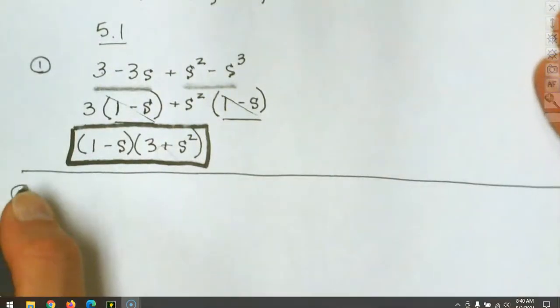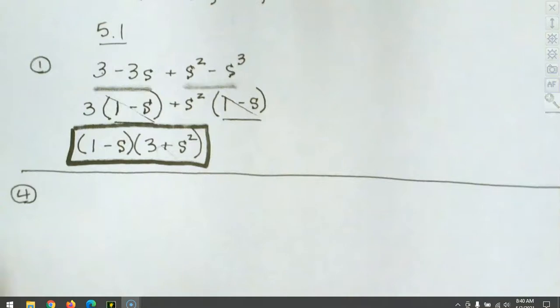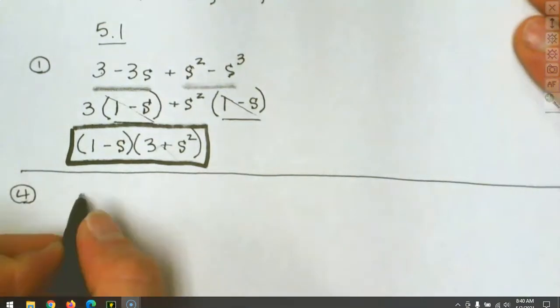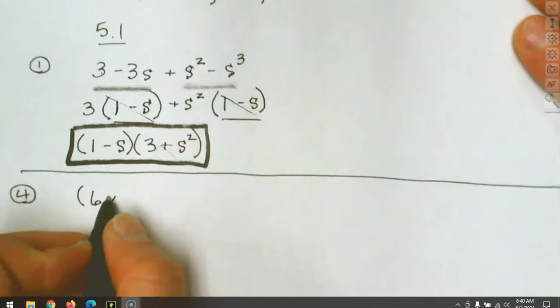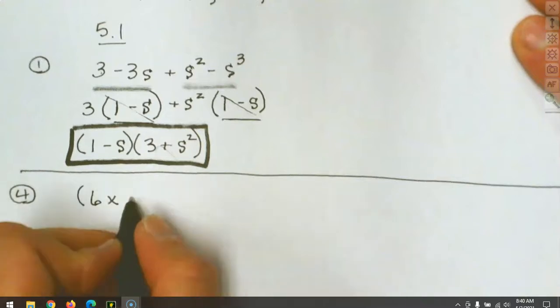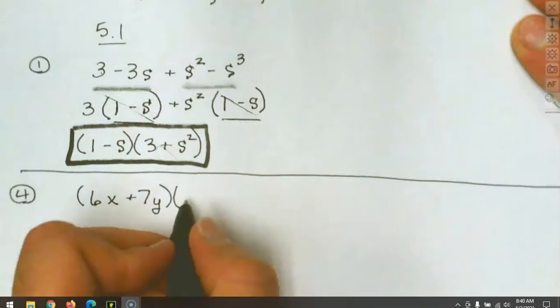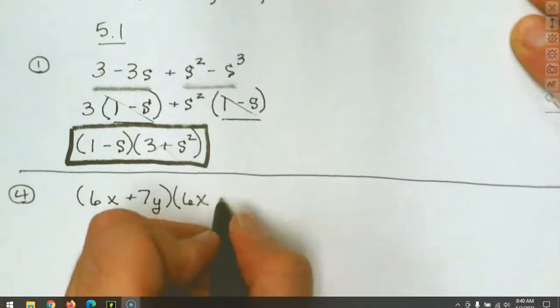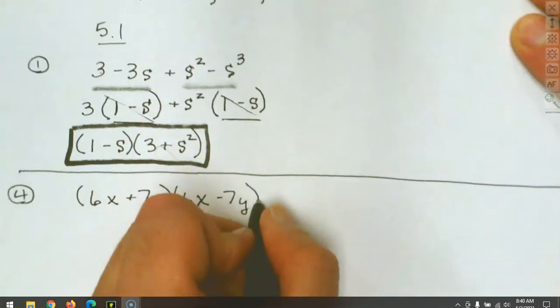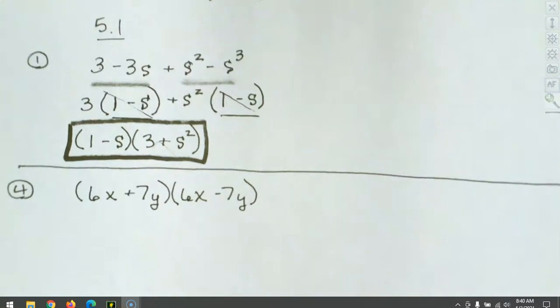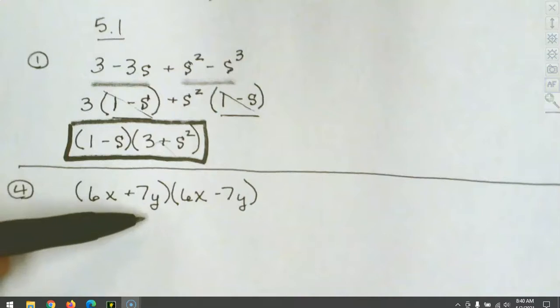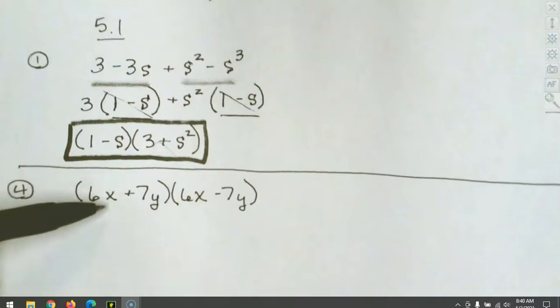Question 4. Now, question 4, we want to see if this has been factored or not. And how do we tell if something's been factored? Well, if it's been factored, then nothing else will come out of any of the parentheses. So let's look at our first set. 6 and a 7, do they have a number in common? No. Do they have a variable in common?